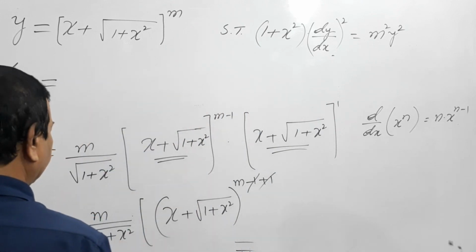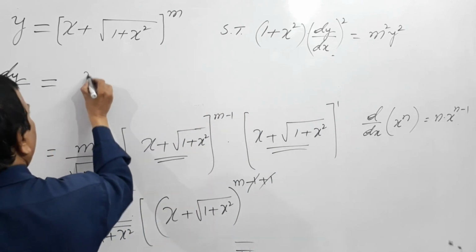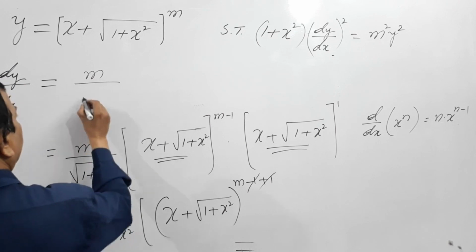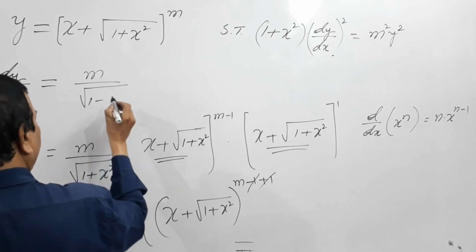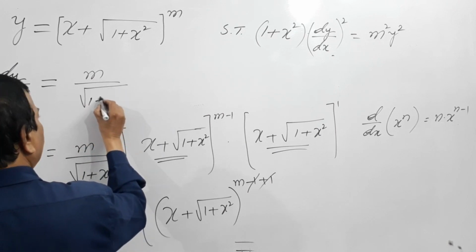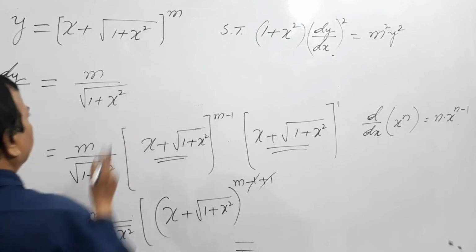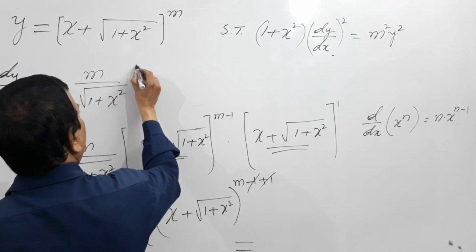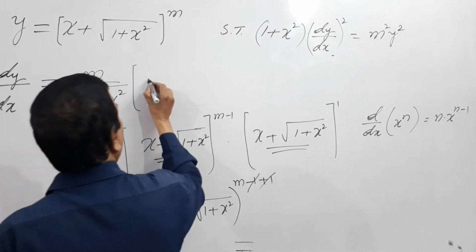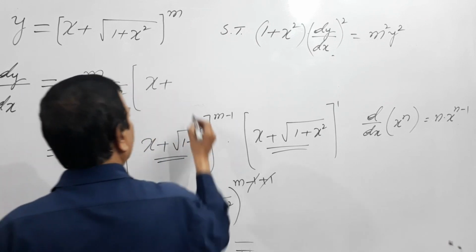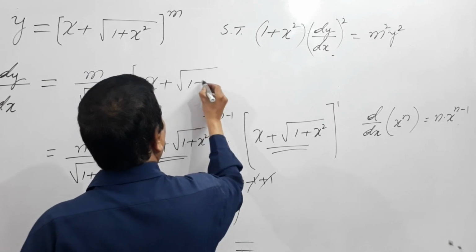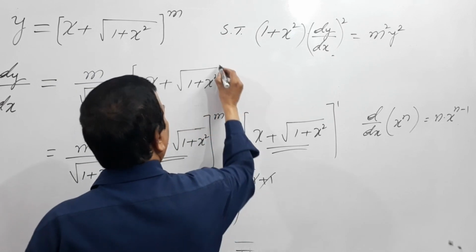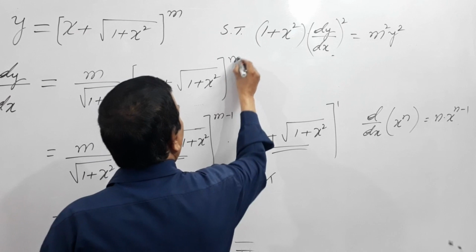So what happens here? That is m into 1 by 1 plus x square, m by under the root 1 plus x square into x plus under the root 1 plus x square to the power of m, right?